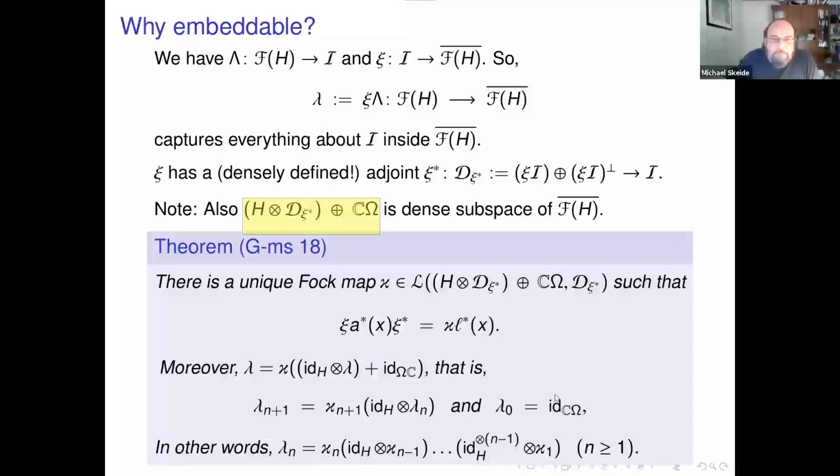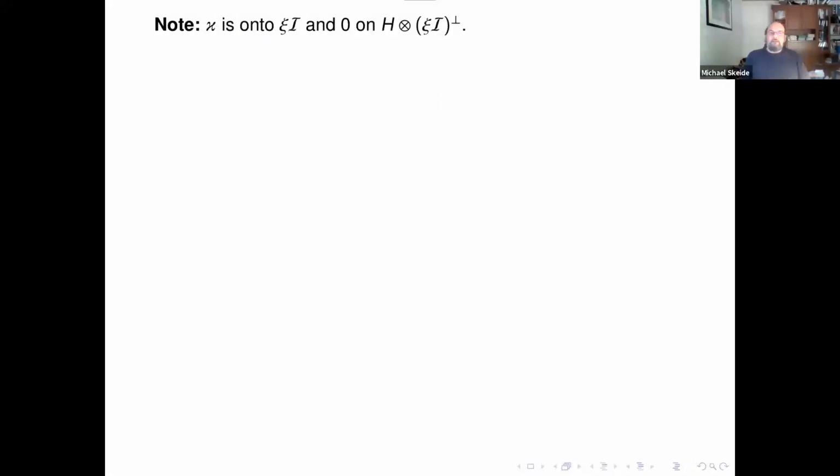Okay. Now, not every kappa is possible in this way. Kappa is, by the properties stated, onto the image of our interacting Fock space in the full Fock space, and it is 0 on this subspace. But this is all it needs to be a good kappa.